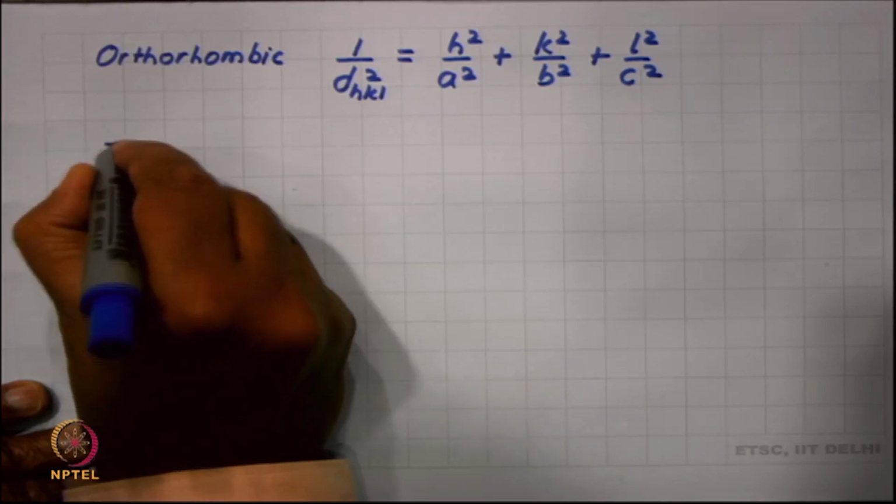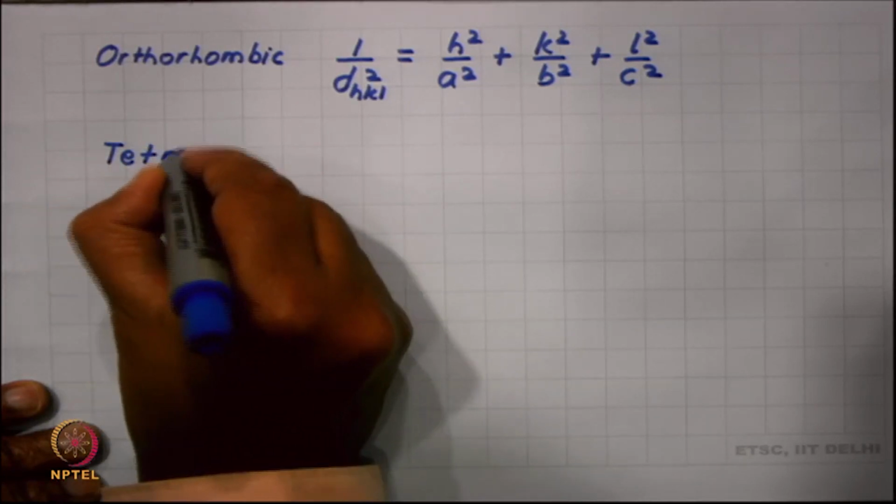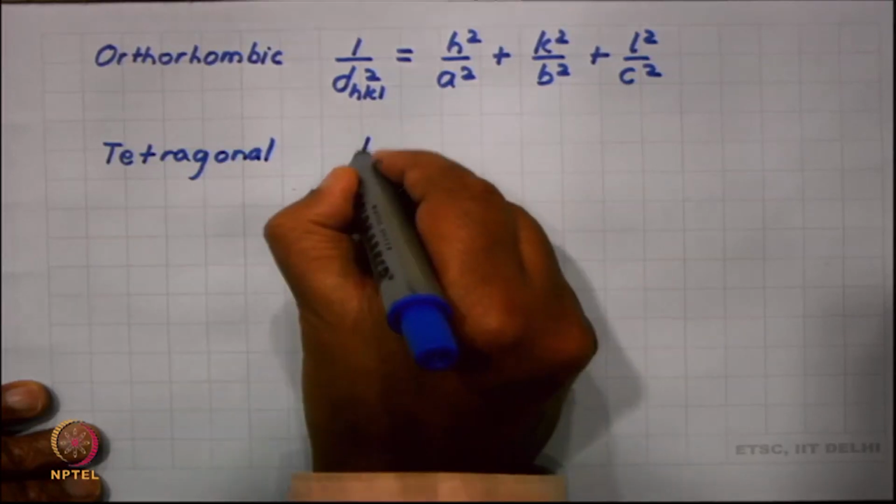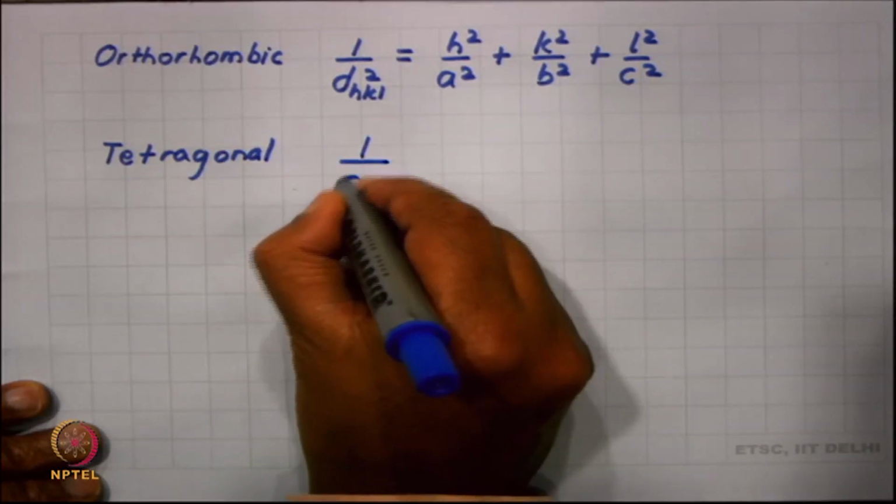For tetragonal, the result you can get simply by substituting b equal to a.